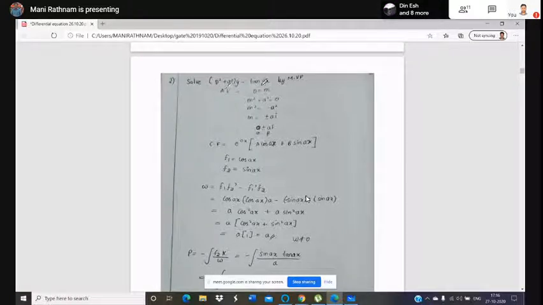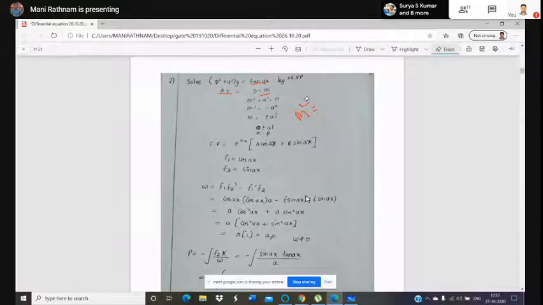So as usual, to find the complementary function, put the RHS equal to 0 and in the LHS replace D with m to get the auxiliary equation. Then you get m square plus a square equal to 0, so m square equals minus a square. And m equals the square root of minus a square.